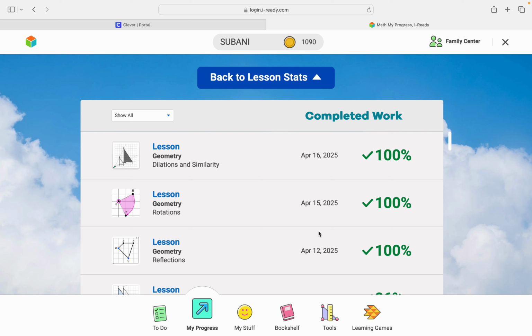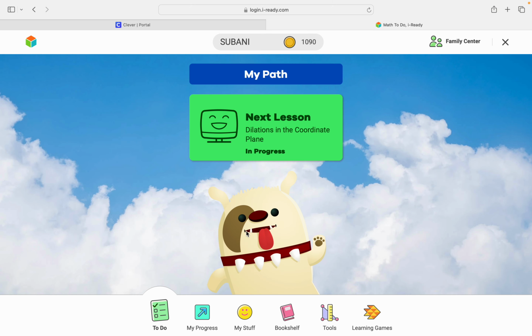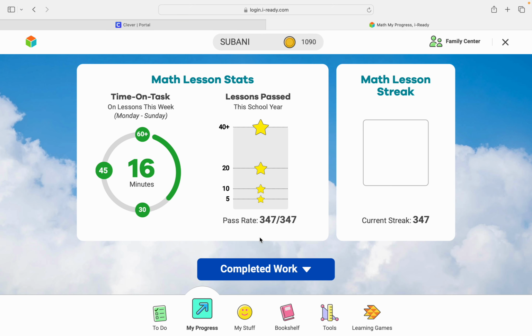Okay, today we are learning lesson. To do. Resume lesson. My progress. So we've done 347. Now we are doing lesson 348. So today we are doing the dilation in the coordinate plane.